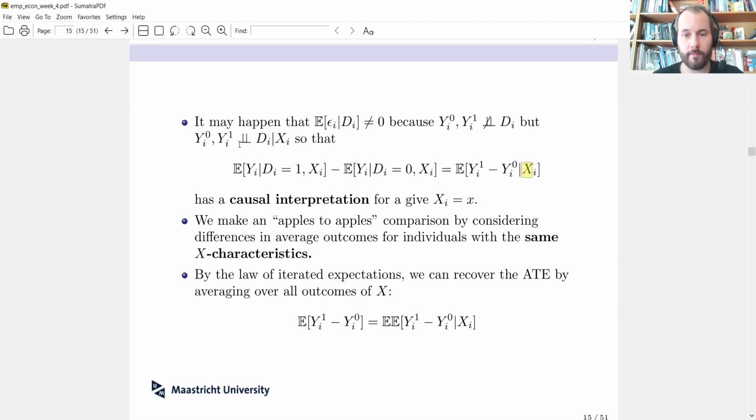And that's what I mean when I say we make an apples to apples comparison. We only look at people that have the same industry, and within this industry, treatment is randomly assigned. We don't mix up, for instance, the IT industry with the construction industry and consider the same job training. That doesn't make sense.